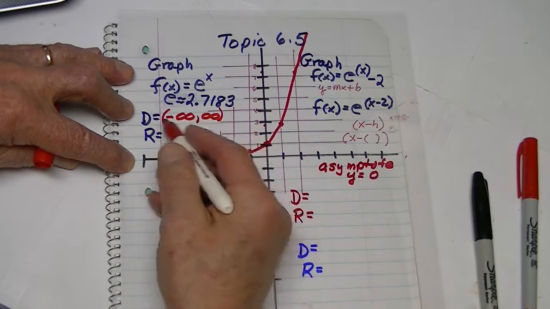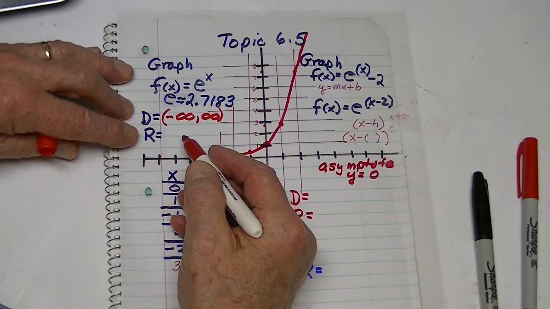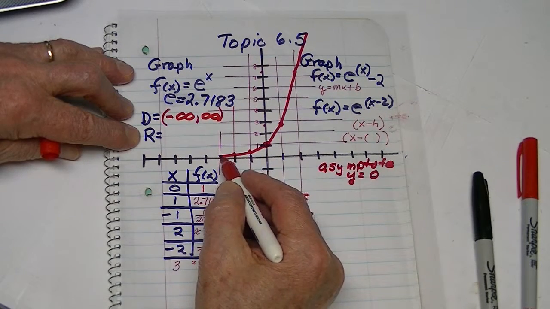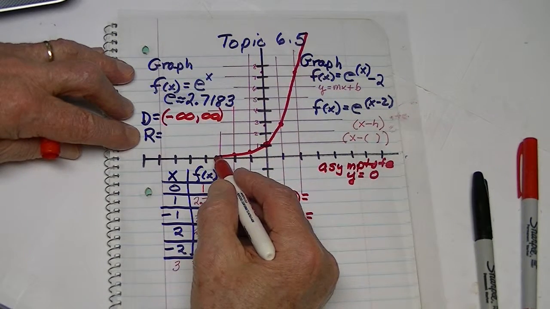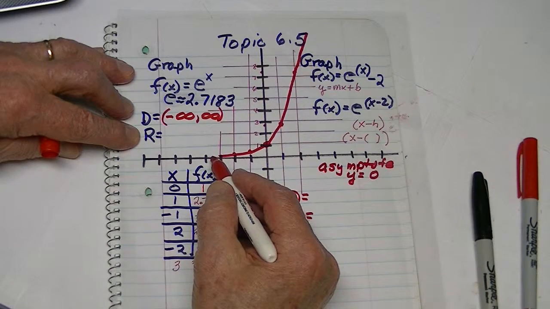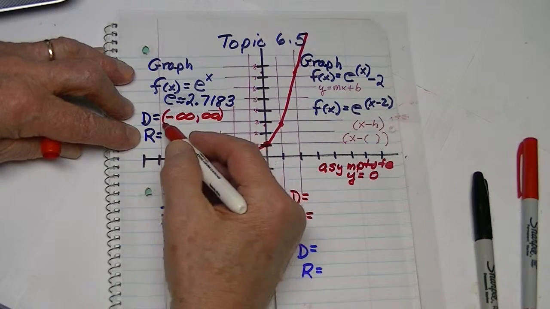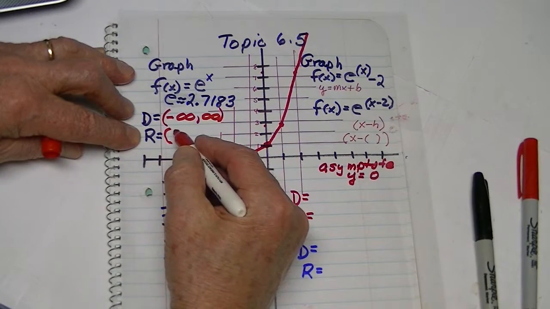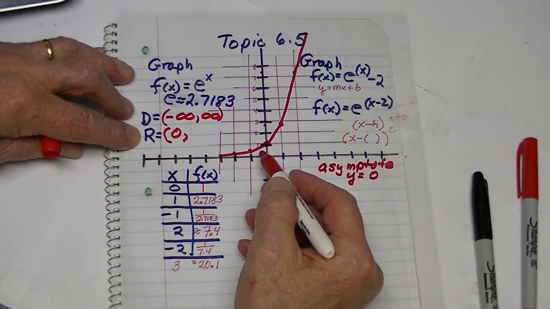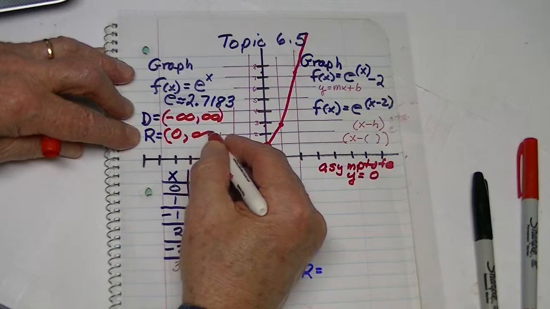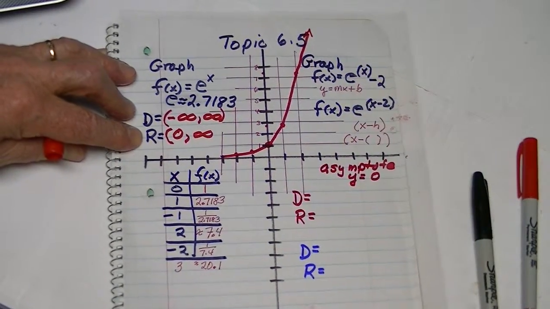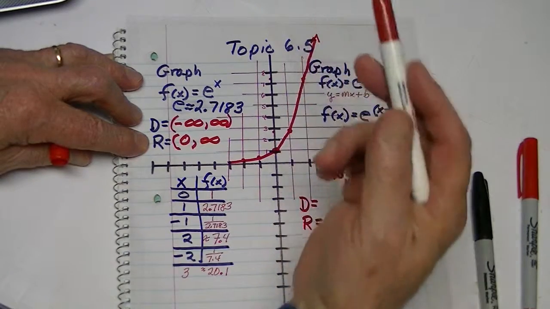These are our x values, the domain. Now our range, as we look at it, it's getting closer and closer to 0, but again, will never reach 0. So it will start from 0, these are our y elements, and go to positive infinity, because that has an arrow at the end of that.